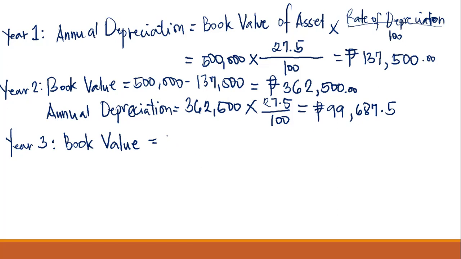So this is equal to 362,500 minus 99,687.5. Okay?